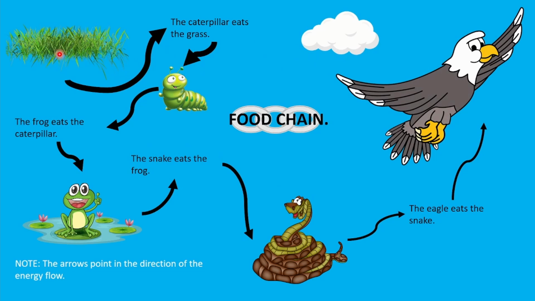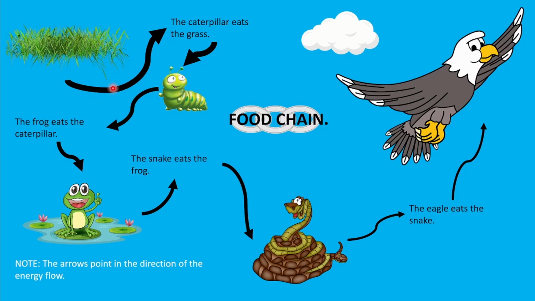Okay, so we can see here the energy goes from the grass to the caterpillar, from the caterpillar to the frog, from the frog to the snake, from the snake to the eagle. The arrows point in the direction of the energy flow. So the arrows are not showing who eats who, it's showing the energy.